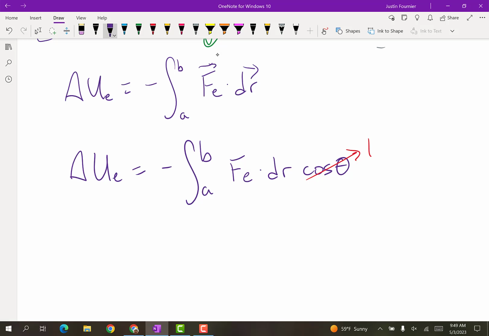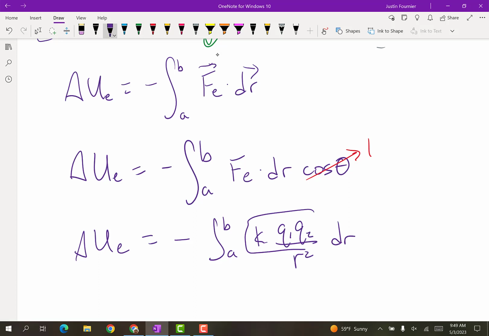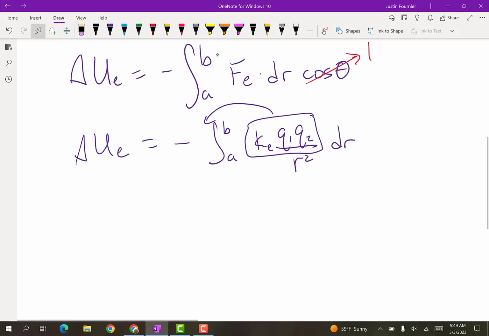Now I'm going to plug in the electric force equation and see what changes as we move. So it's the integral from A to B. The electric force is a constant times charge 1 times charge 2 divided by r squared, and we're integrating with respect to r. The charges and this constant are not going to change as we move from one position to the next, so I can pull those out of this integral.